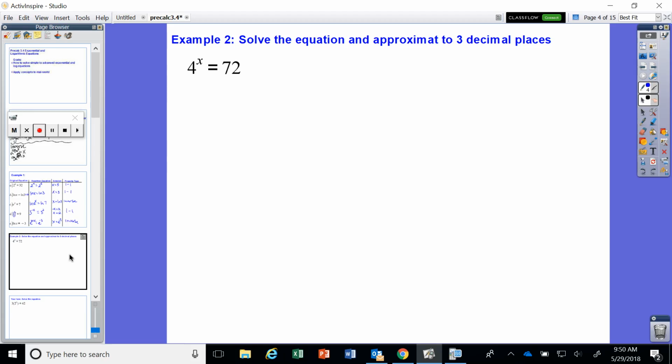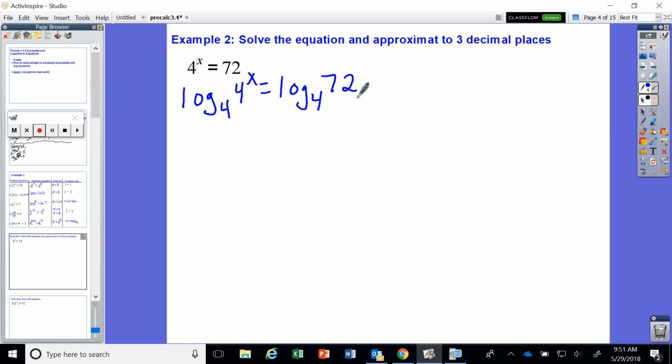Just like in the last example we e'd both sides to get it away from the exponent, we are going to log both sides this time because we don't have the natural base of e. Instead, we create a common base for 4 to the x. What you do to one side, you have to do to the other.